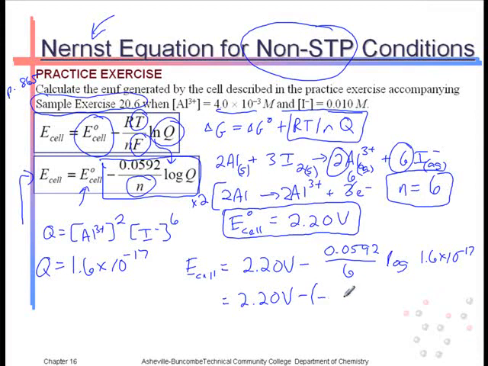And here what we see is we're actually going to increase the voltage just a little bit. 2 negatives makes a positive, and we get a total voltage of 2.37 volts. So actually think about what we're doing here. We're at standard conditions. Remember, standard conditions, that's a pretty high concentration, 1 molar solution.